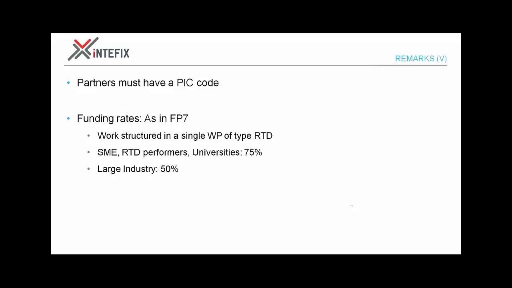SMEs, RTD performers or universities can claim up to 75% of the budget, and large industry is limited to 50%. This can help you to make the budget and the requested contribution from the European Community.